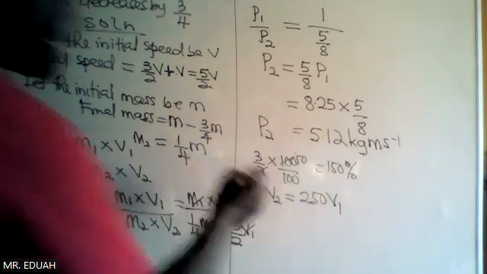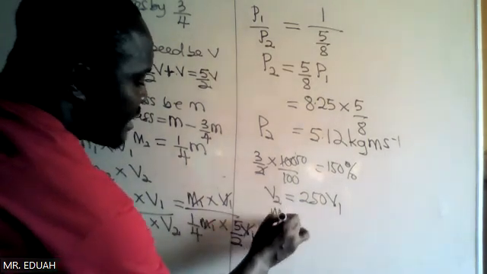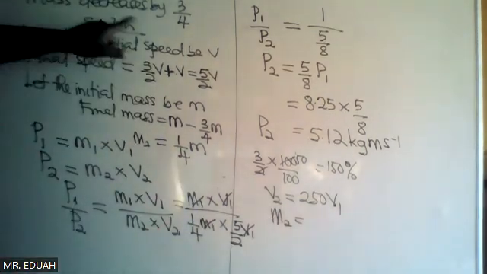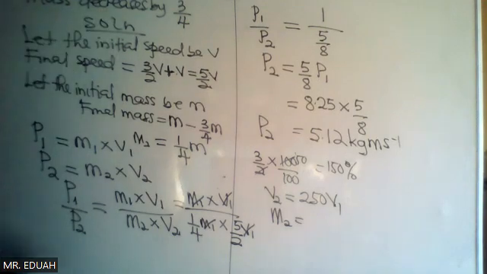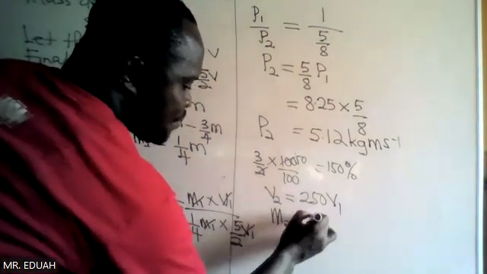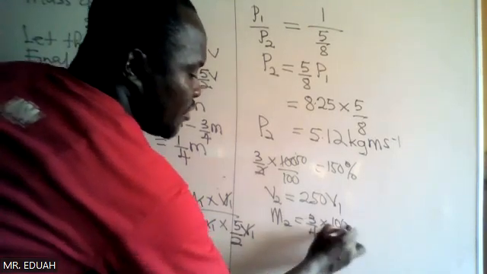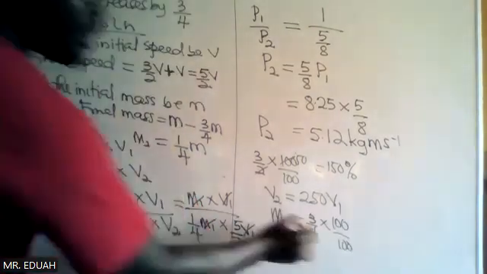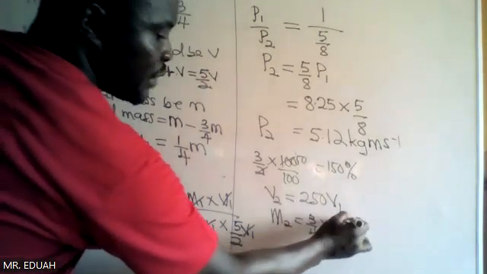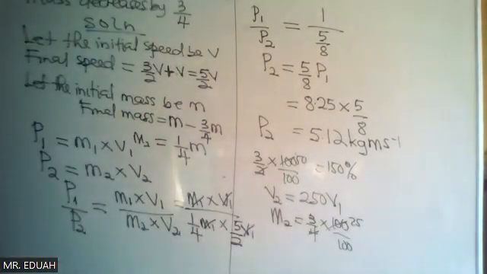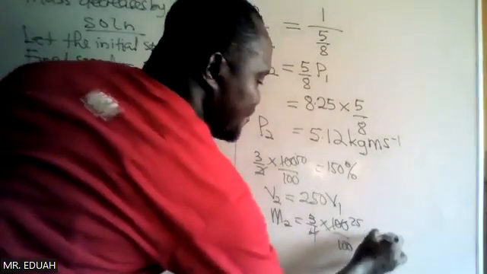Then let's look at masses. M2, we are told that it is decreased by 3 on 4. Let's express 3 on 4 as a percentage. 100 over 100, this is 25. 25 times 3, we have 75.